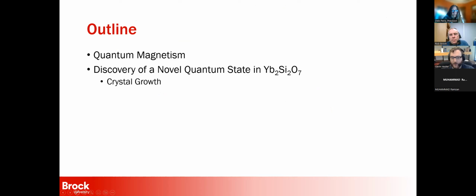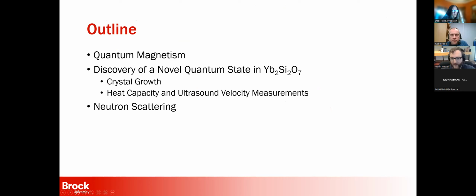In there, I'll talk about our crystal growth, how we use the Laue for that. I'll briefly talk about some heat capacity and ultrasound velocity measurements, which also required a Laue. And then I will divert a little bit into giving you a very broad view of what neutron scattering is, because it's not something that is that well known to people outside of the neutron scattering community.